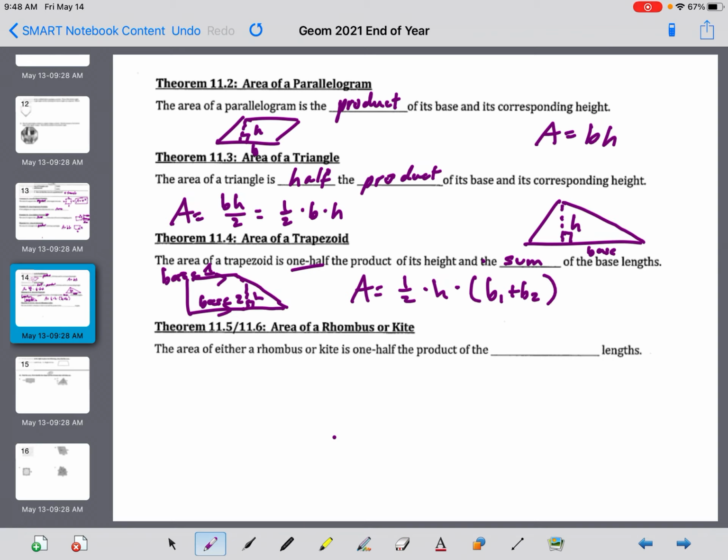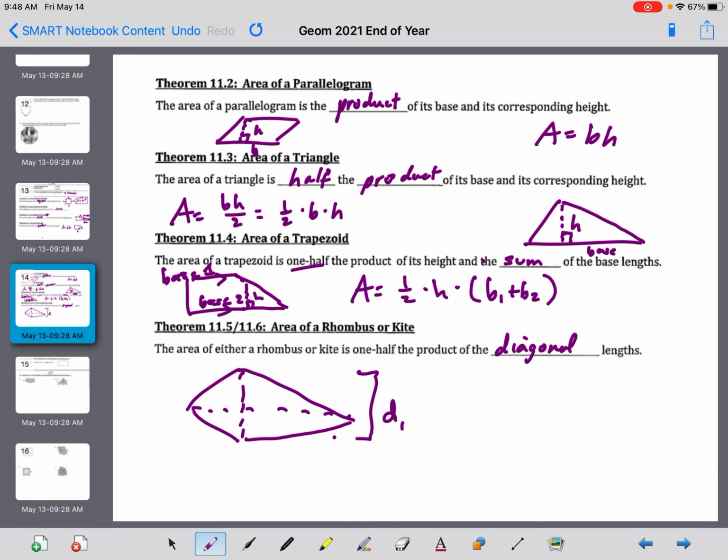Rhombuses and kites, they share a formula, and they use diagonals. It's 1/2 the product of the diagonal lengths. If you have some room, you can sketch this kite, and the diagonals go this way, this and this way. All right, this distance from here to here is diagonal 1.